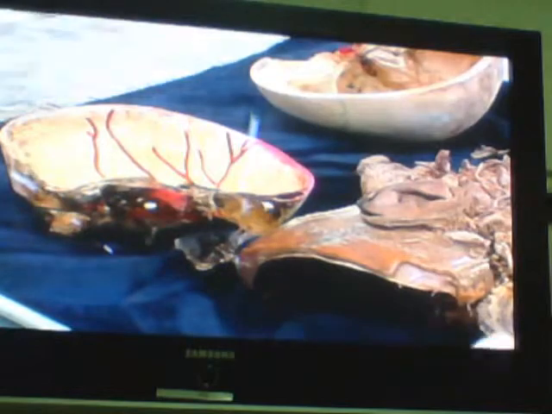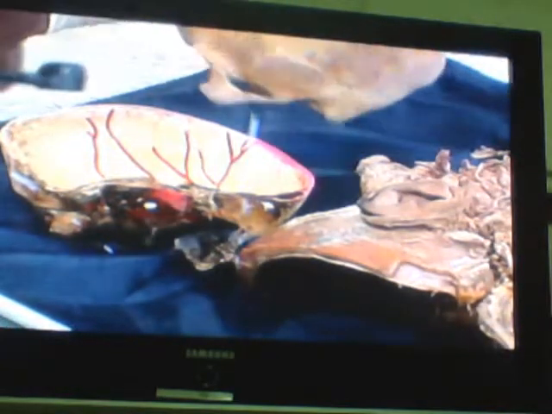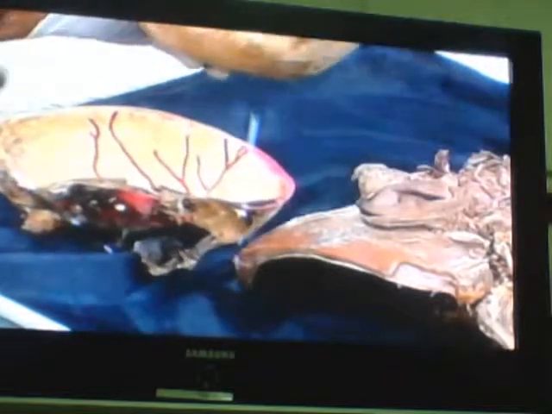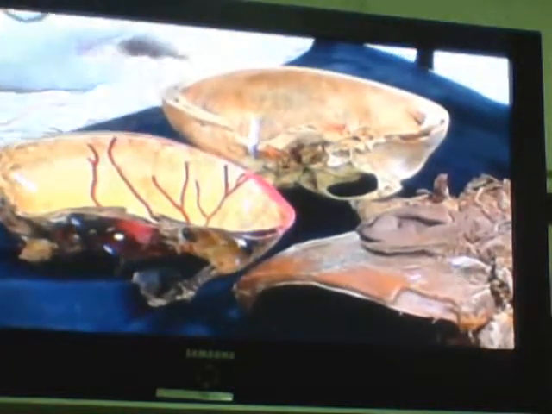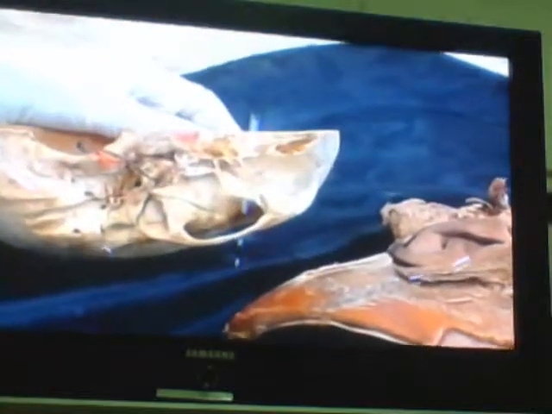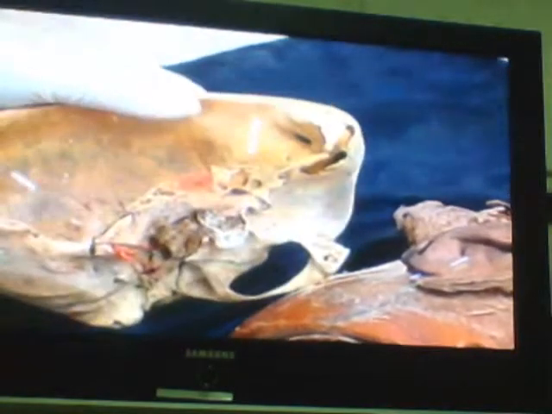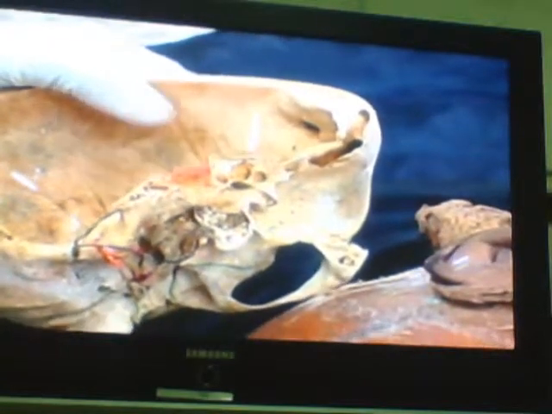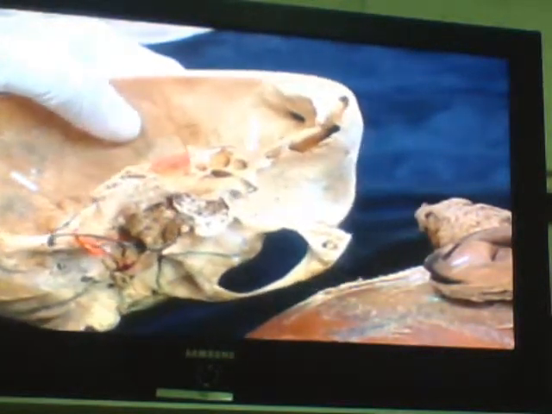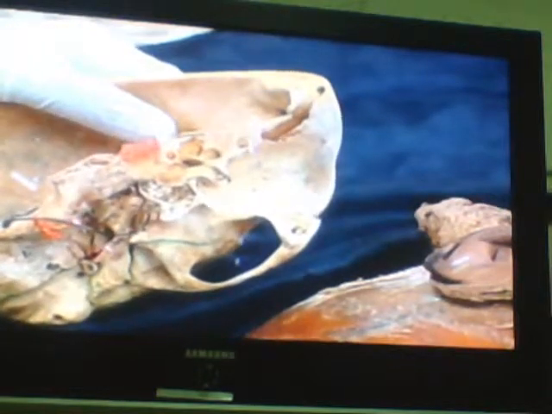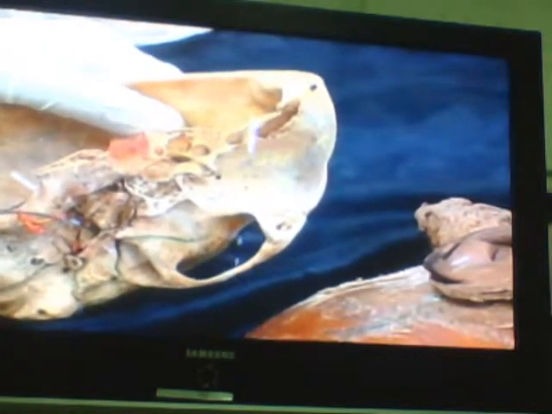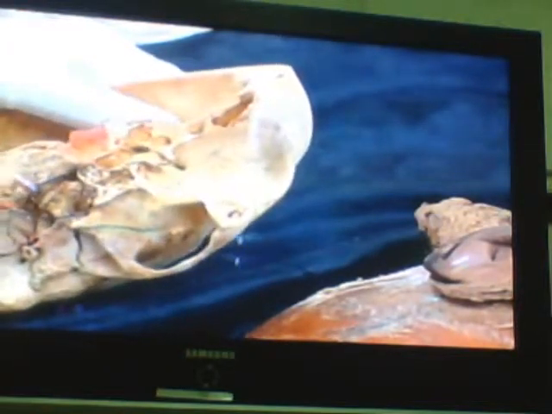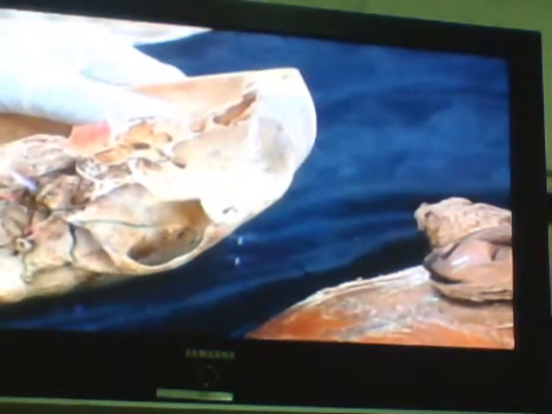Alright? Now, we were looking at 5 before. Tell me a couple things special about 5. Fifth cranial nerve. It has 3 big connections, but more than that, what is special about the cranial nerve 5?